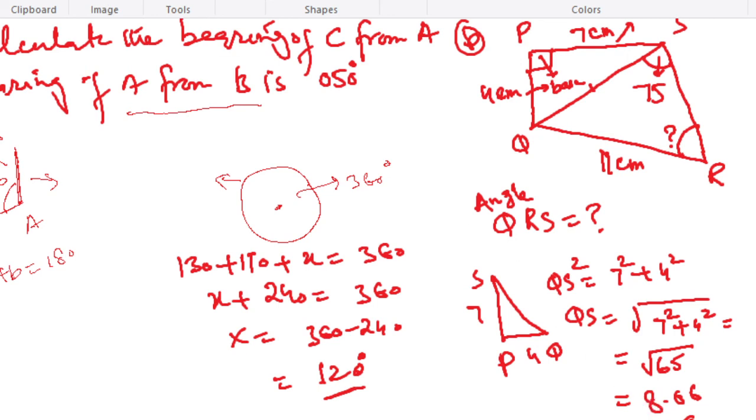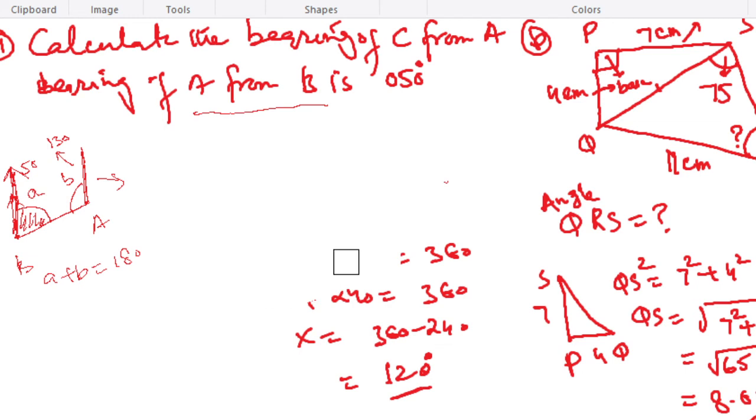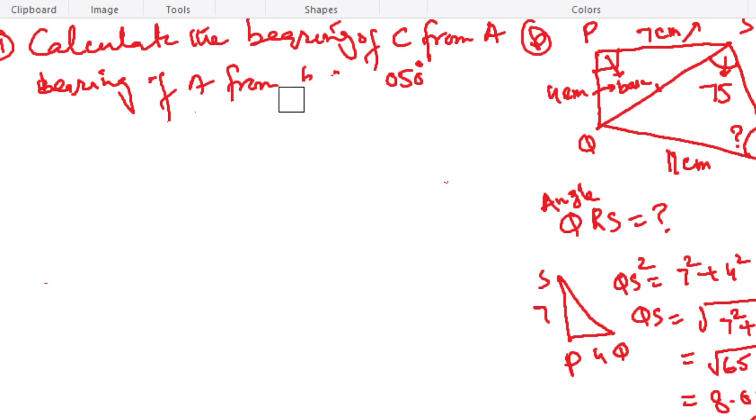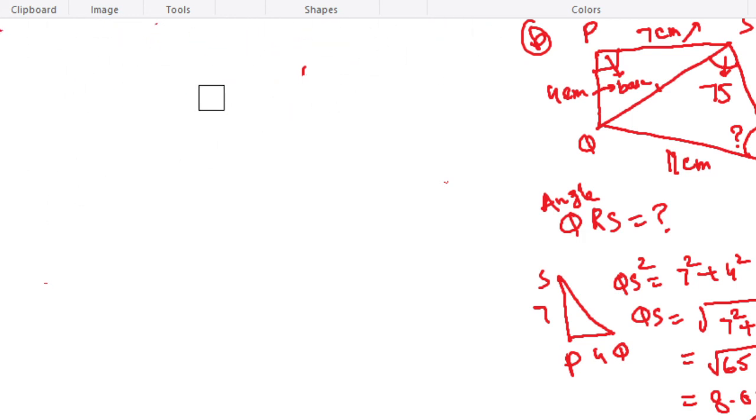So now what is the problem here? The problem is to find angle R. I would like to erase this part because this part is done. Now I'm making a triangle again here.